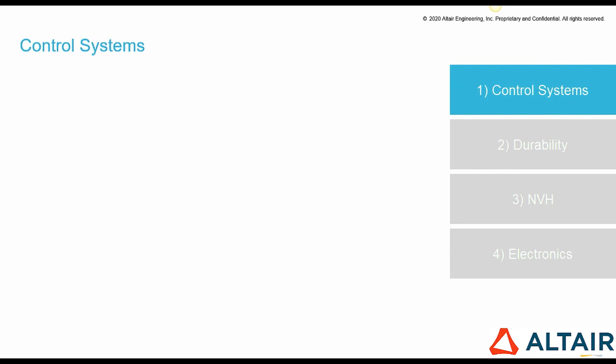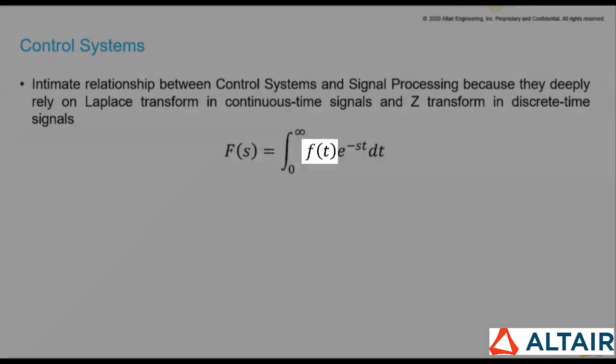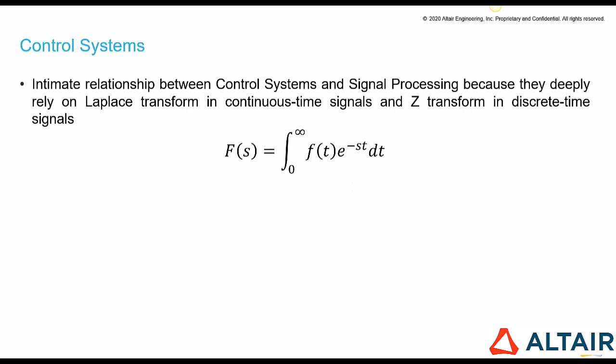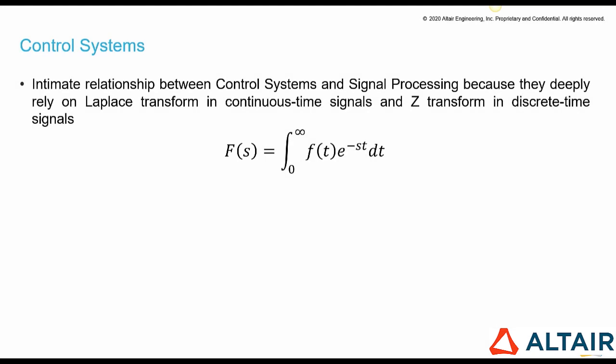So first of all, speaking a bit about control systems, there is an intimate relationship between control systems and signal processing because they deeply rely on Laplace transform in continuous time signals and Z transform in discrete time signals. And the formal definition of Laplace transform means that it transforms a function of a real variable t, which is often time, to a function of a complex variable s, which is complex frequency.